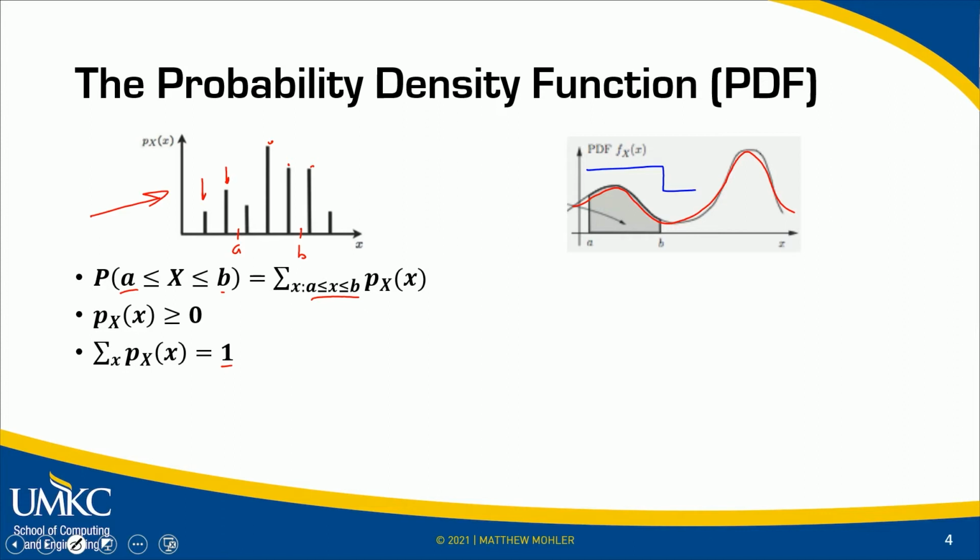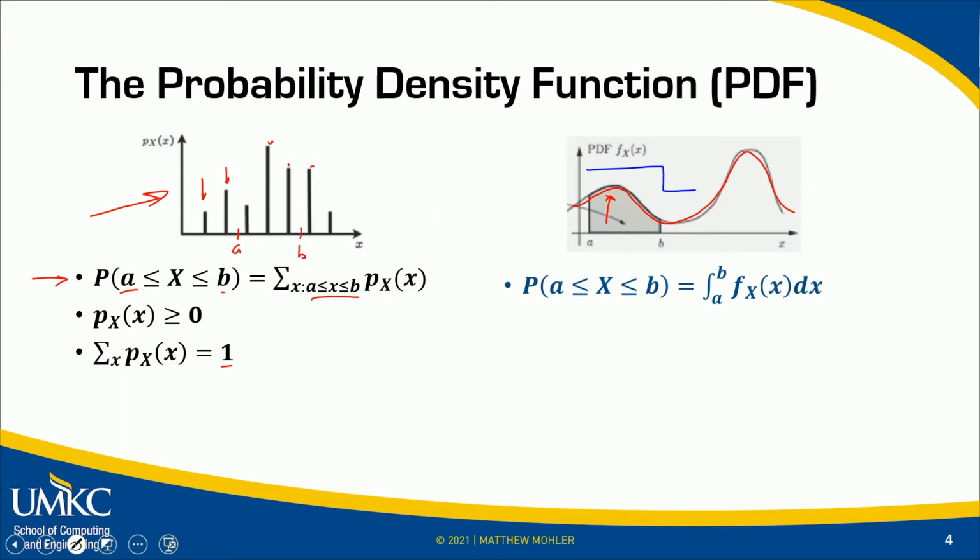Similarly, for the PDF, we have a probability at each possible continuous value. But let's look at that a little bit more. So to kind of put this in perspective, we looked at the probability that a value was between a and b of the random variable x for a probability mass function. Well, the equivalent for a probability density function is actually an integral.